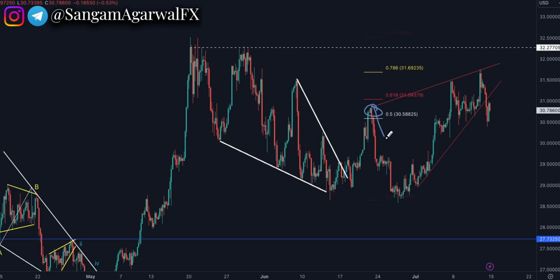Last time you saw a big vertical dump from the 50% retracement. This time you are seeing it from 78. So the more time price stays below this level, 31.69, bad for silver. And there is only one big support, the psychological level $29.